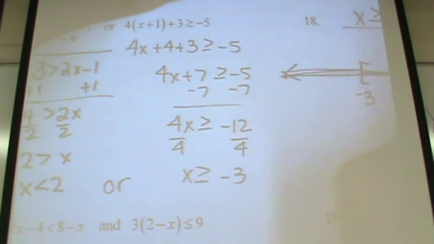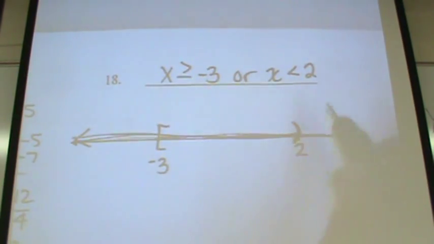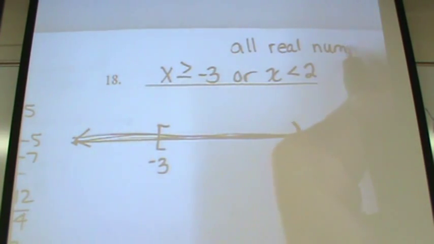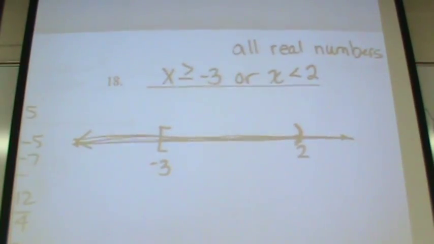Looks like all real numbers is the answer. Looks like the entire graph is shaded. So where are all the numbers that are greater than or equal to negative 3 or less than 2? The answer is all real numbers. So sometimes you have to graph it to see that that's the answer.